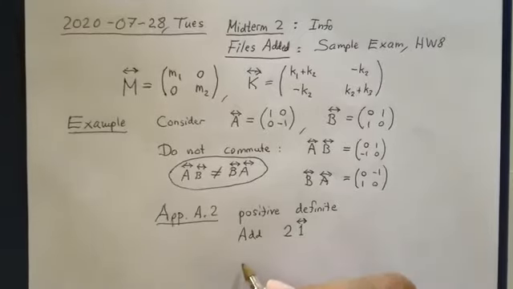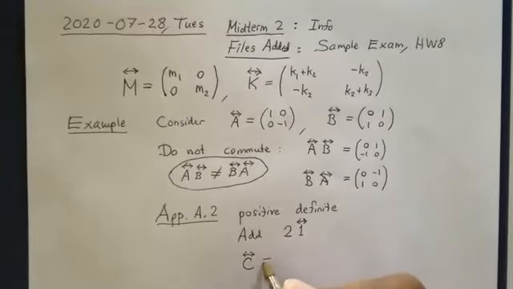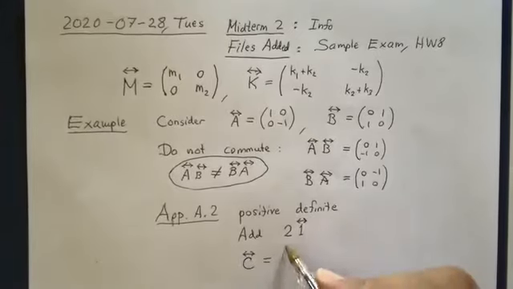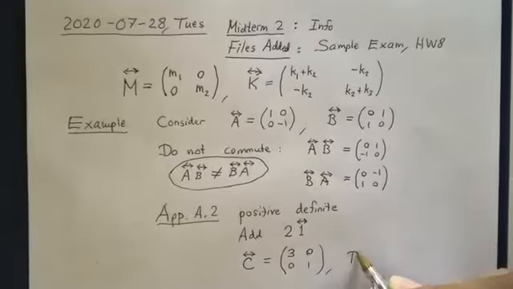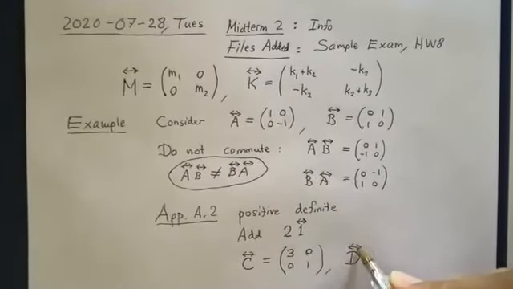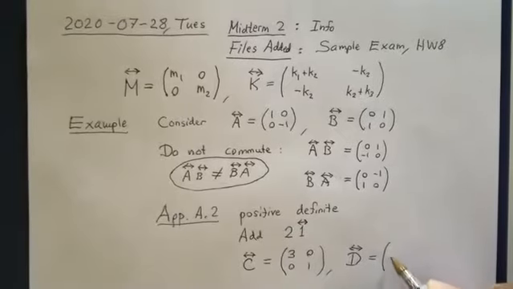And this leads us to define 2 other matrices. Okay, so we're looking at 3, 0, 0, 1 and 2, 1, 1, 2.